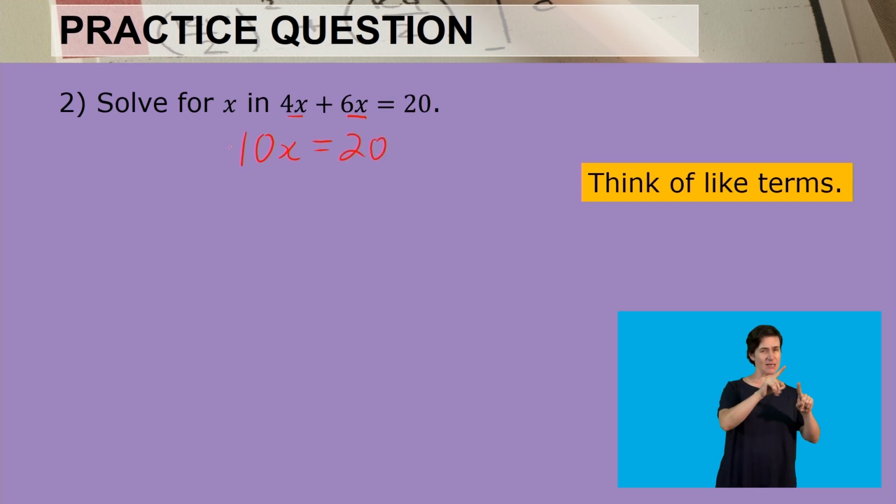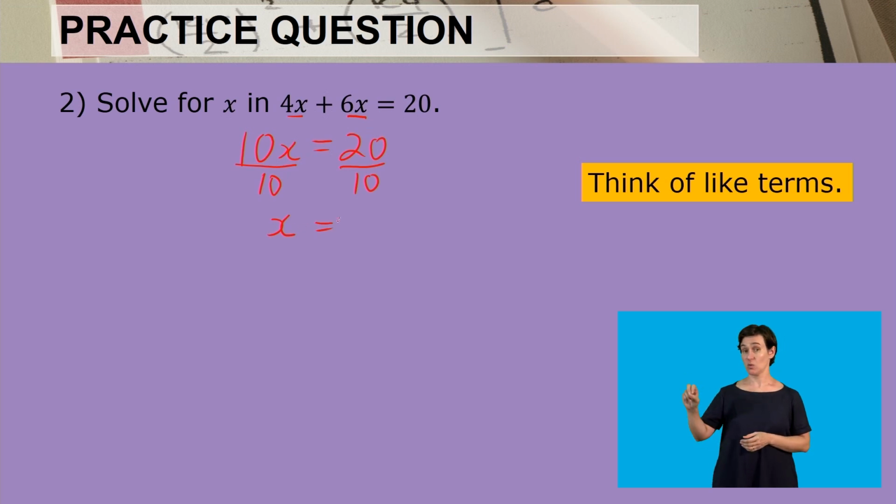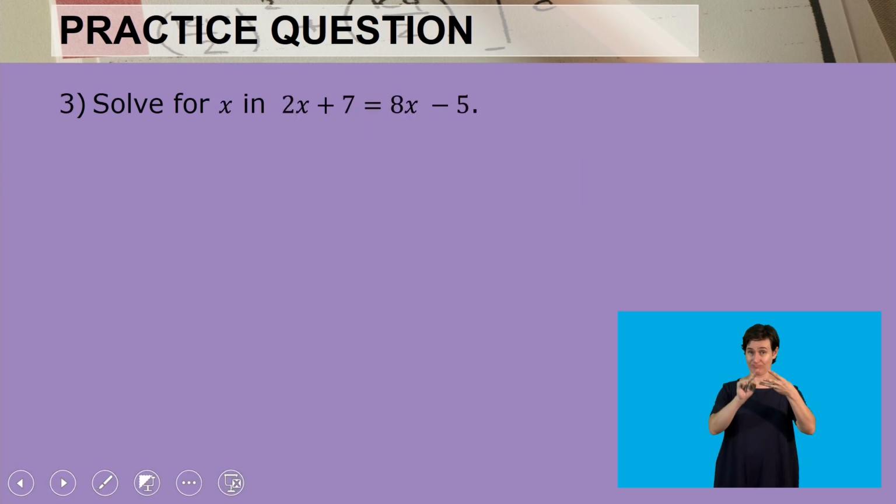Already we have a multiplicative inverse we can use for 10, which is a tenth. So we divide by 10 on the left and on the right. 10 divided by 10 is 1, which multiplied by x is x. 20 divided by 10 is 2. So our value of x is 2.